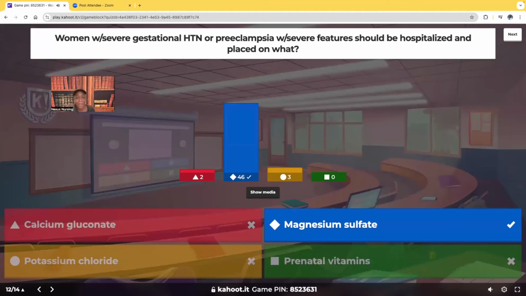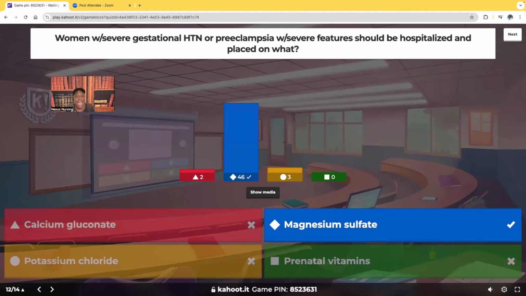Very good. Magnesium sulfate. Now, something important, and I talked about this in part one. I'm going to reiterate it because I'm telling you, it's going to be a test question some way, somehow. If you're taking maternity right now, you need to understand that. The reason they are getting the magnesium sulfate is to prevent that patient from going into seizures. Magnesium sulfate causes muscle relaxation.